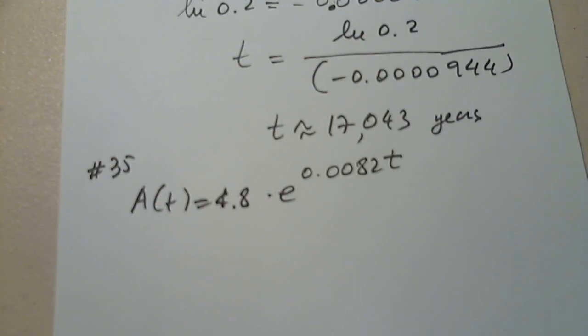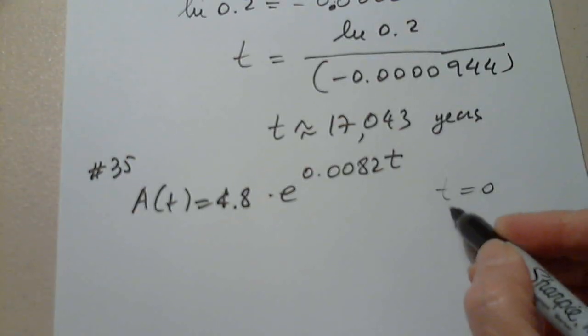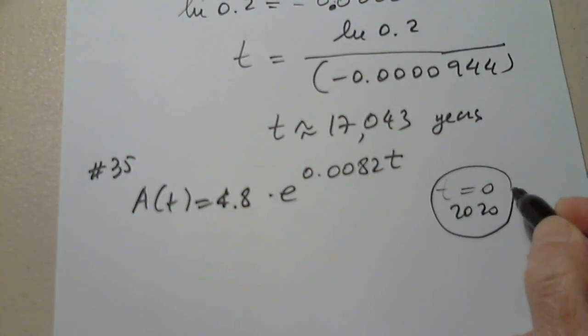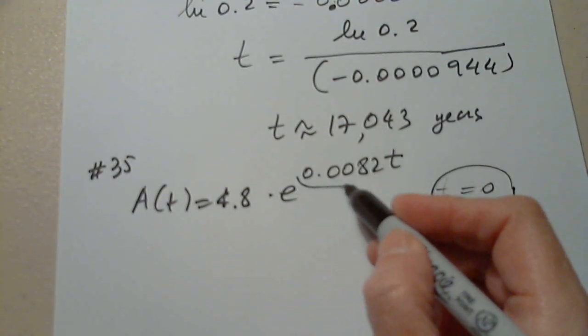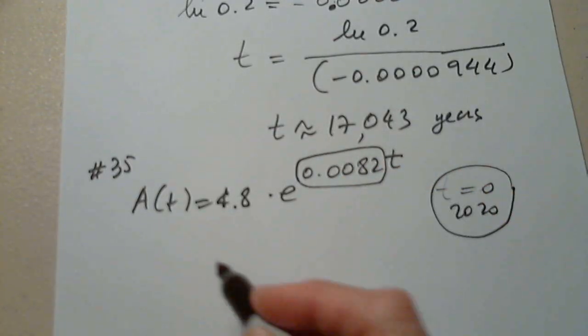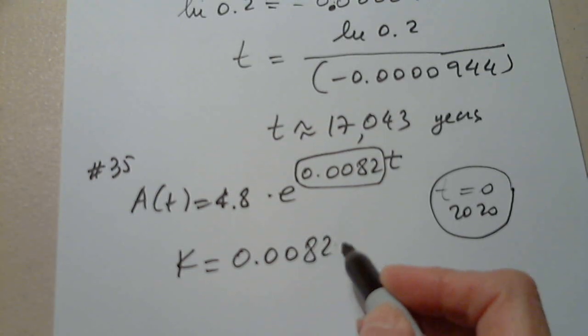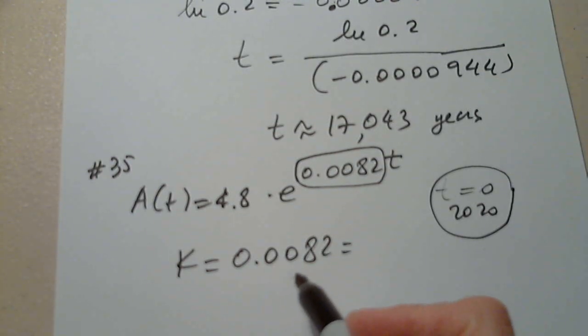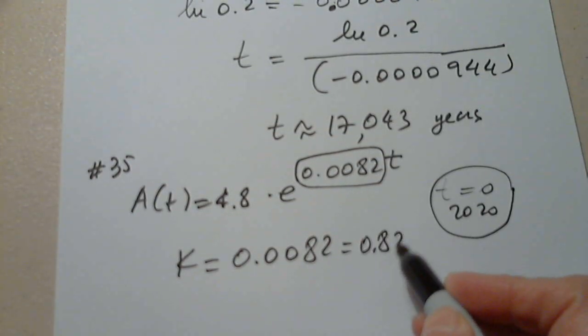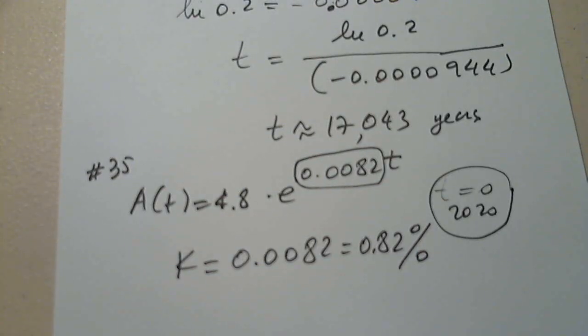It says millions, t years after 2020, so I note that t equals 0 represents 2020. This is the k, or the growth rate, 0.0082, or moving 2 decimal digits, 0.82%.